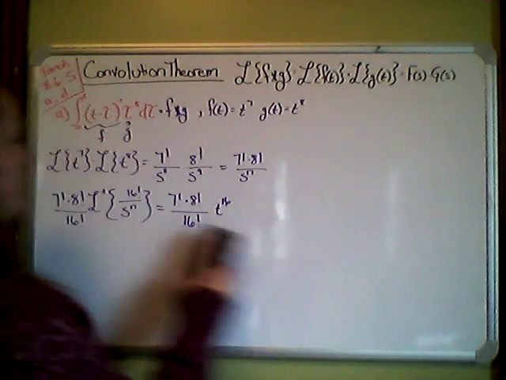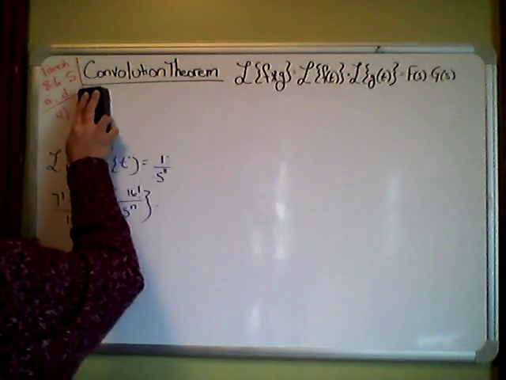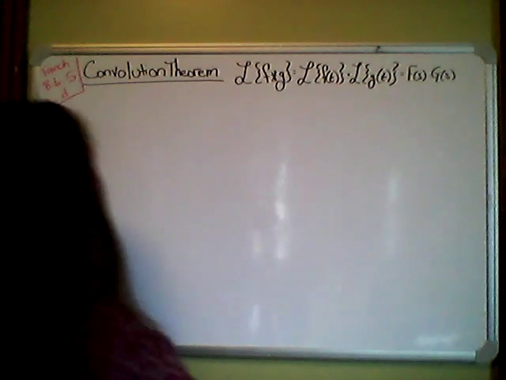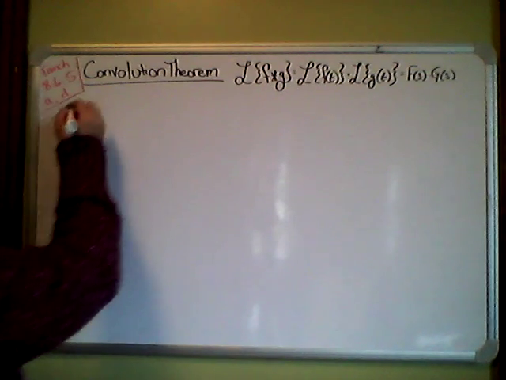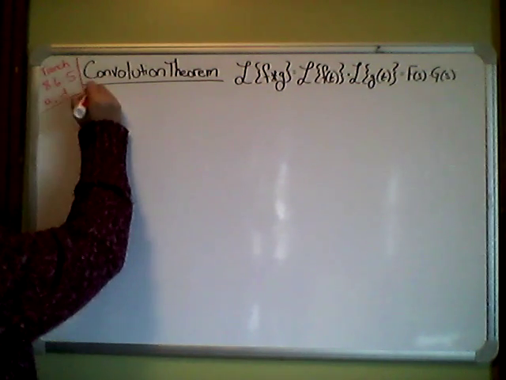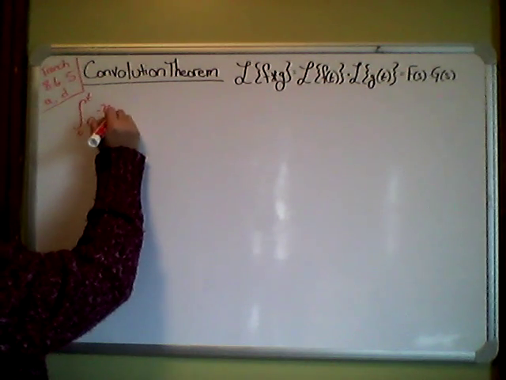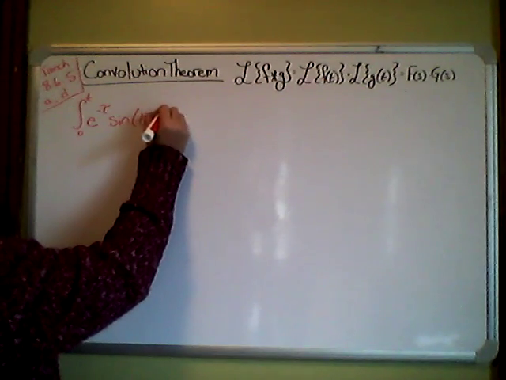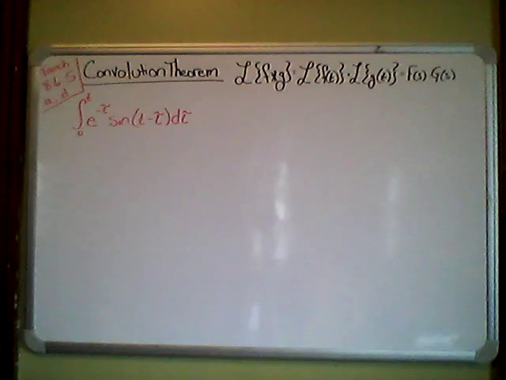Now I'm going to do one that's a little bit more complicated, which is letter D. Letter D is the integral from 0 to t of e to the minus tau, sine of (t minus tau), d tau.